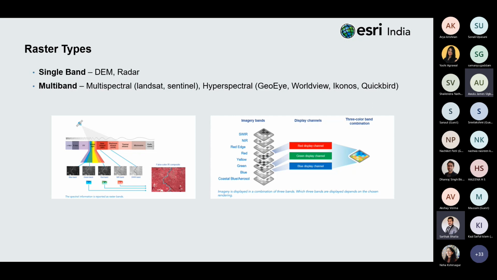When we're talking about these multiple band imageries, each band usually represents a segment of this electromagnetic spectrum, which can be collected using a specific specialized sensor. So bands can represent any portion of the electromagnetic spectrum range, which may not even be visible to the eye, such as infrared or ultraviolet sections, which are very popularly used.